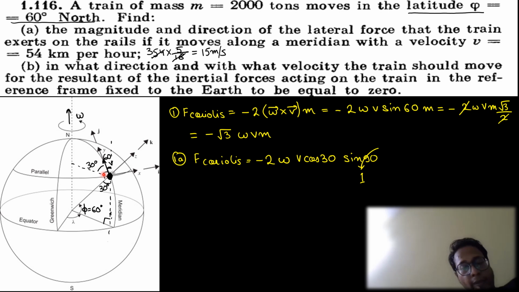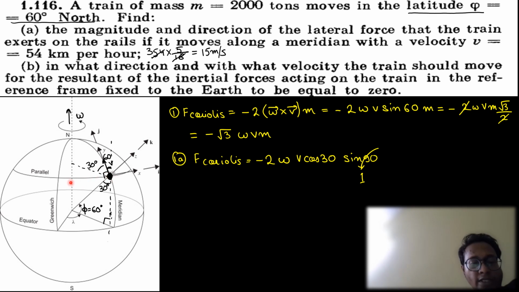Understood? Okay. Now what is the direction of Coriolis force? Just assume the velocity is along this line, or the component of velocity along this line. Apply the right hand three finger rule. Omega is upward, index finger should be along this line. And the Coriolis force is opposite to x, or along this line.